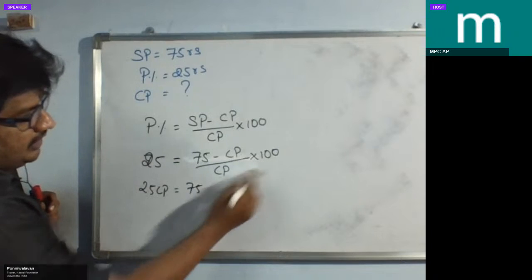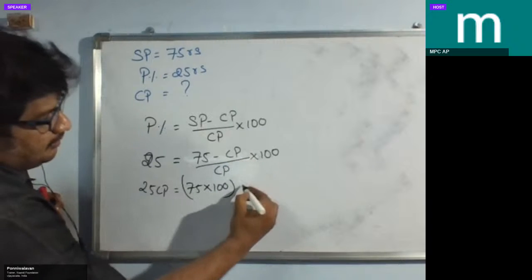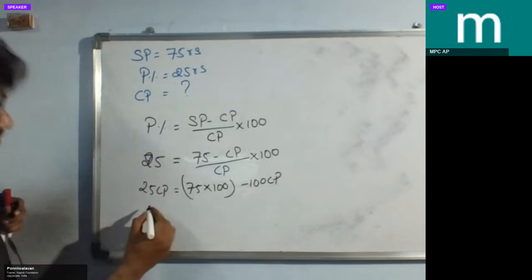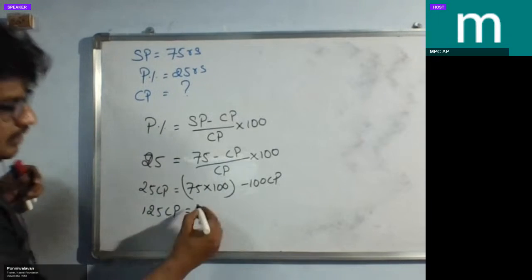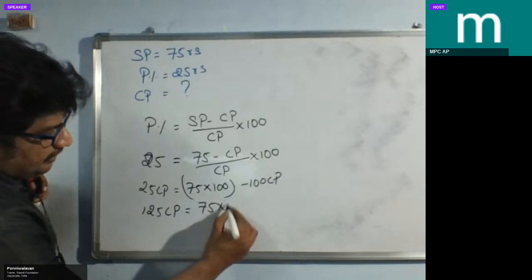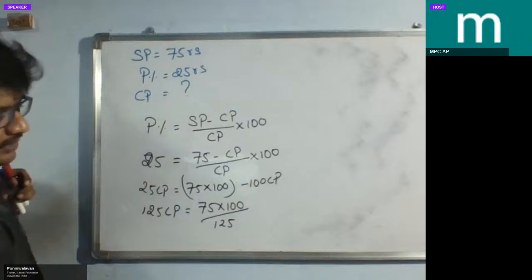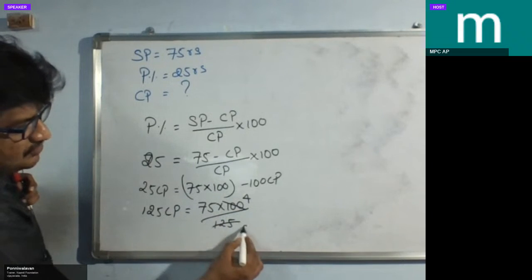75 into 100 minus 100 CP. If 100 CP comes to this side, 125 CP is equal to 75 into 100, divided by 125. If you divide by 25, this is 4 times and this is 5 times.